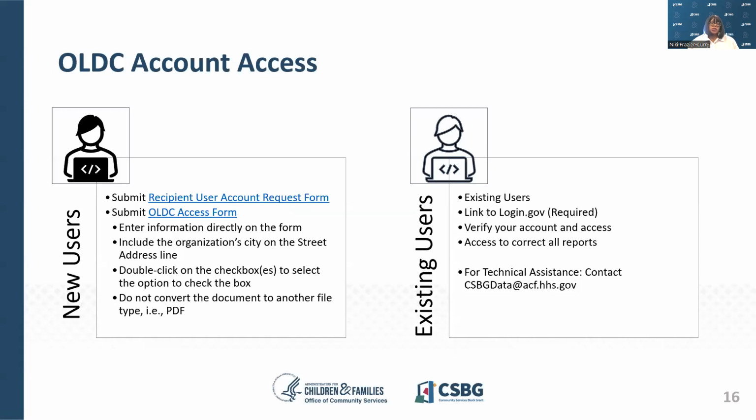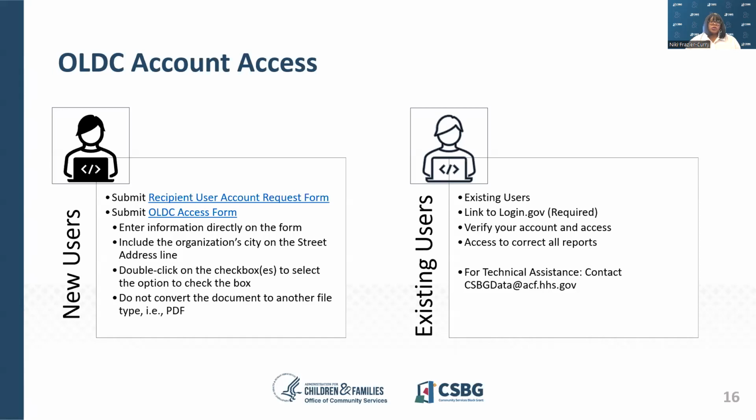Include the organization, city, and the street on the address line. Double-click on the check boxes to select the option to check the box. Do not convert the document to another file, for example, a PDF. We do know that some people print it out and then hand fill it in. It's just easier to use the Word document and complete the form as such within the Word platform.